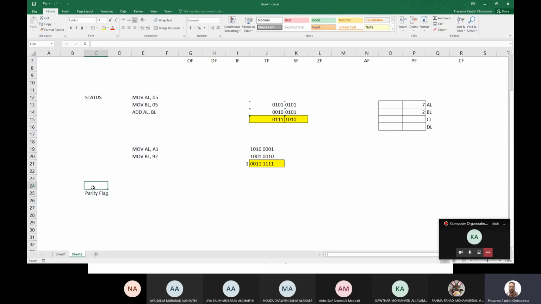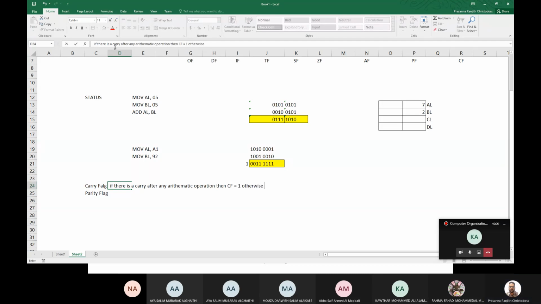I told you first we'll see carry flag. Carry flag: if there is a carry, then CF equal to 1.